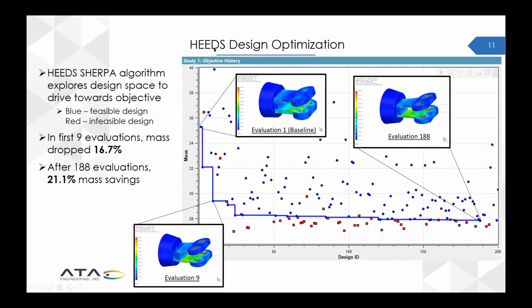So here I'm showing this objective history. As you can see, HEEDS explores the design space to drive towards some objective, in this case, minimum mass. The blue dots are all the feasible designs. The red dots are all the infeasible designs. So you can see that it searches a large number of designs, and it doesn't just search designs that are really close to one another.